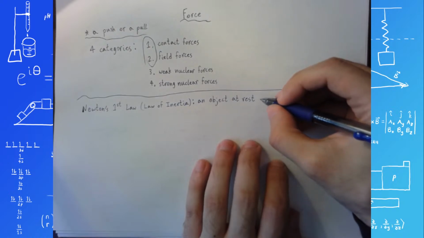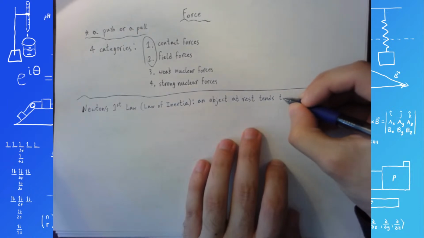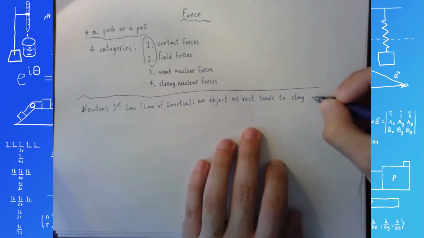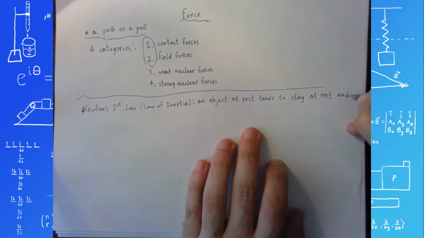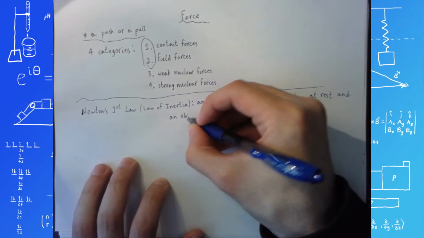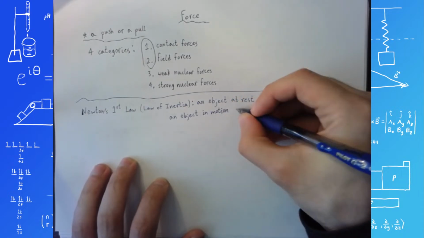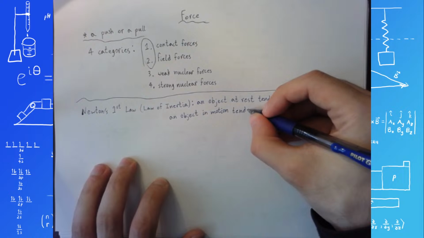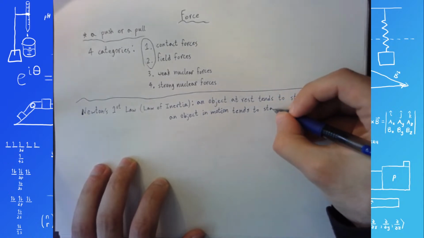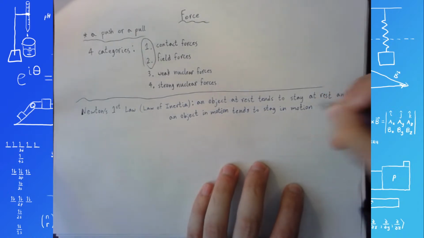The key word net there I'm going to underline. So an object at rest tends to stay at rest and an object in motion tends to stay in motion with constant velocity.